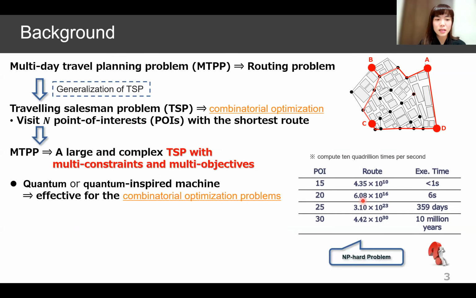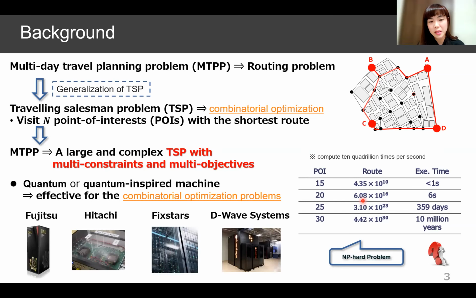However, the good news is that quantum machines such as the D-Wave system, and quantum-inspired machines developed by Hitachi and Fixstars, are designed to effectively solve those complex optimization problems. Effectively here means those machines can find the optimal solution very fast.